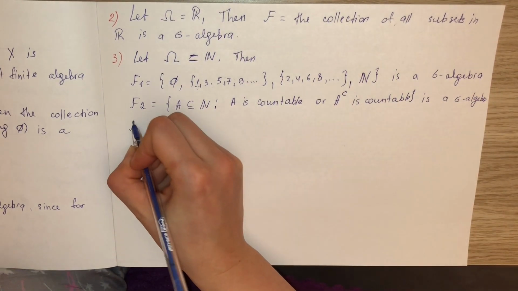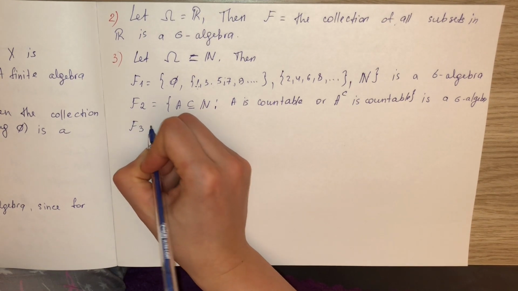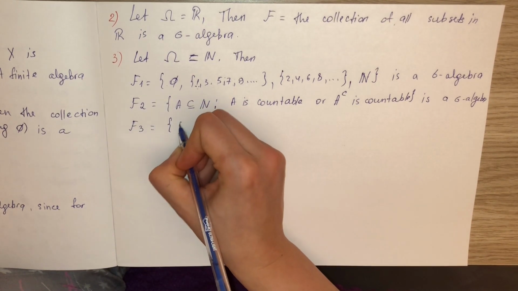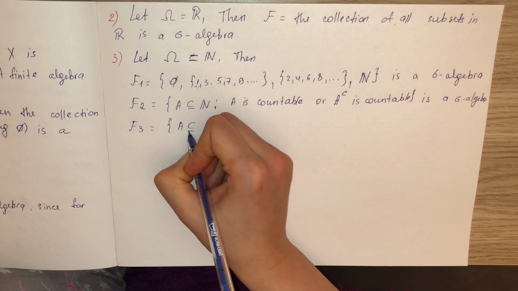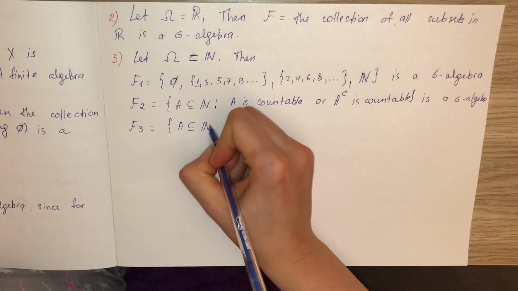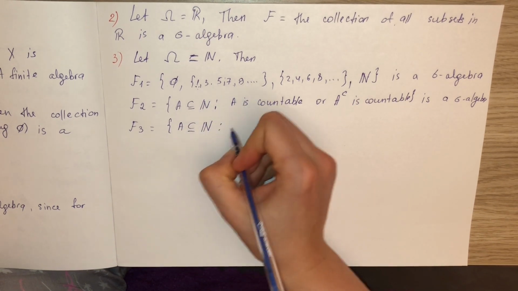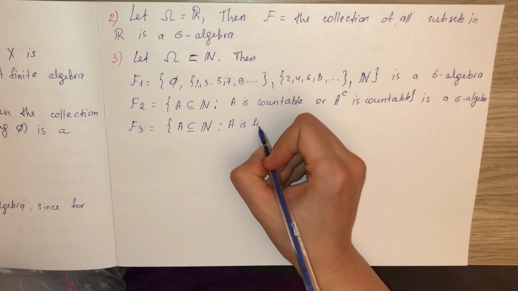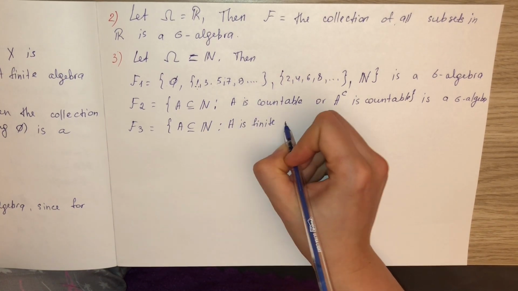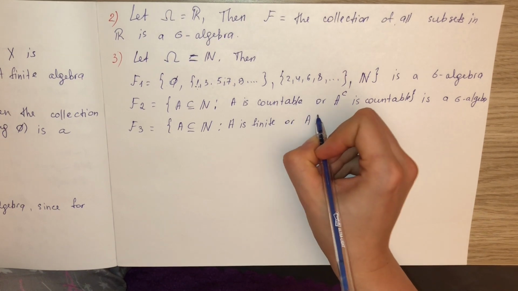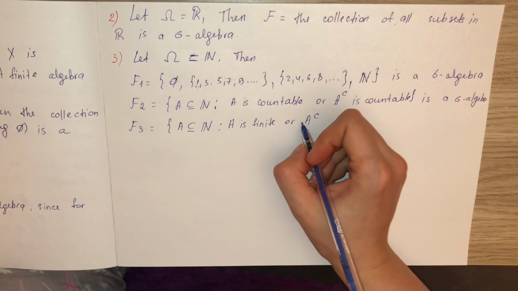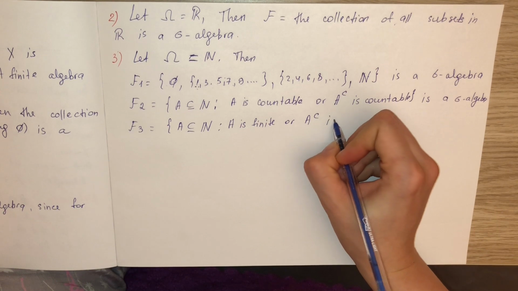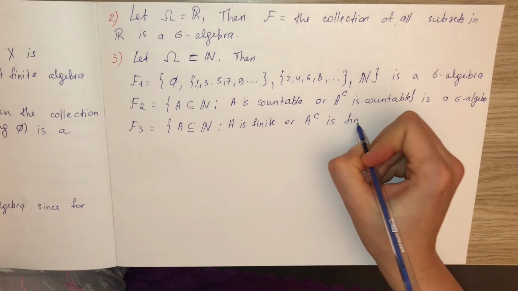And our third example: let A be a subset of N such that A is finite or the complement of A is finite.